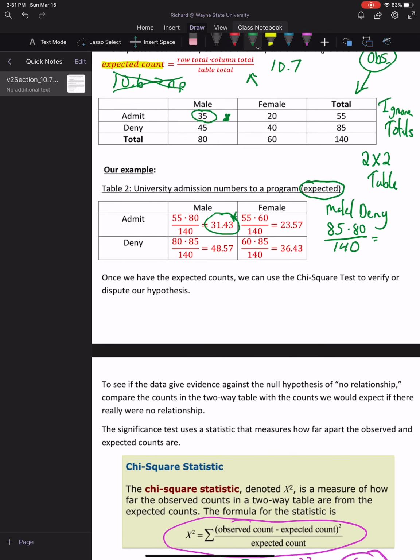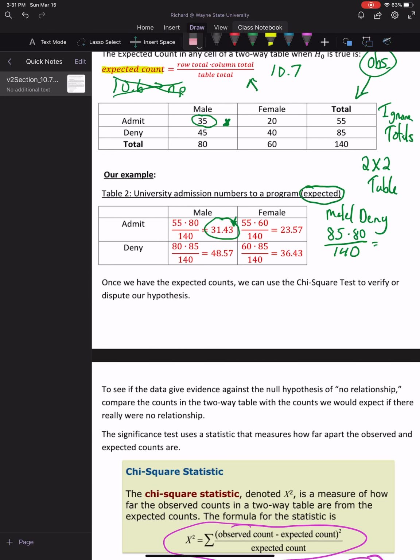Do you remember how I said that this was a 2 by 2 table? I made that indication on this side. The reason is that if you exclude the total column and the total row, that only gives us 2 columns and 2 rows. So we have 2 rows and 2 columns.